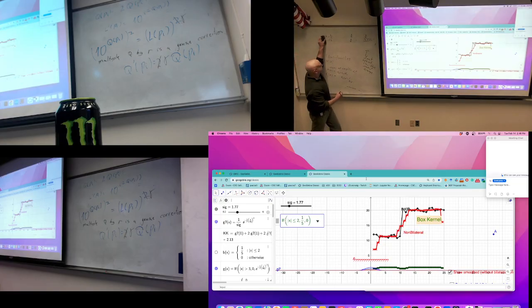So if my original weight was quarter f of x minus 1 plus half f of x plus quarter f of x plus 1, and now I erased this term, then what are the new weights? This would be replaced by quarter divided by half plus quarter.